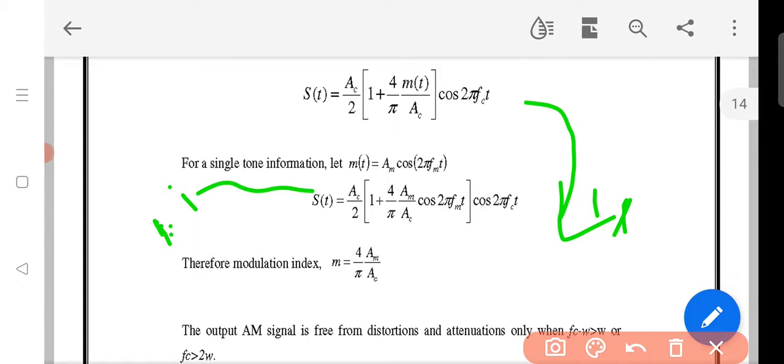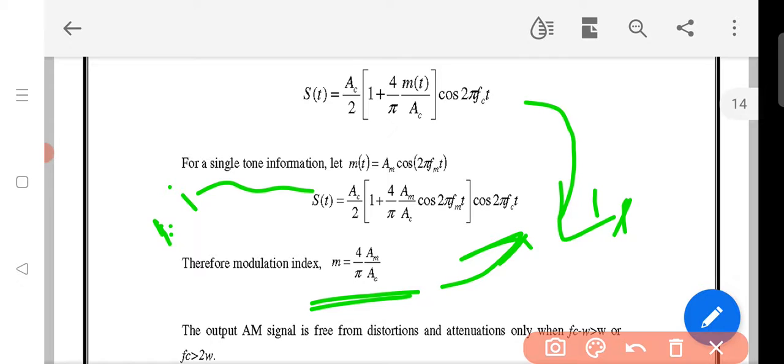That equation is more complicated, so for better understanding we consider only single tone. Okay, so here we observe the modulation index became 4 Am by pi Ac, or 4 by pi into Am by Ac.